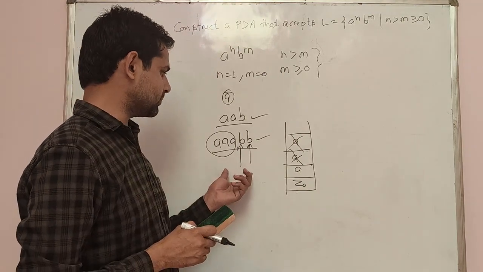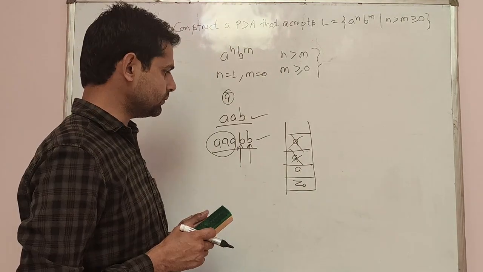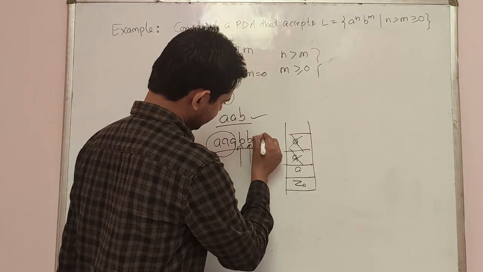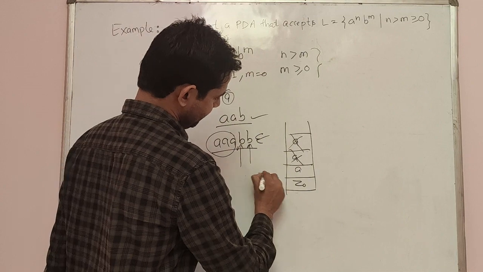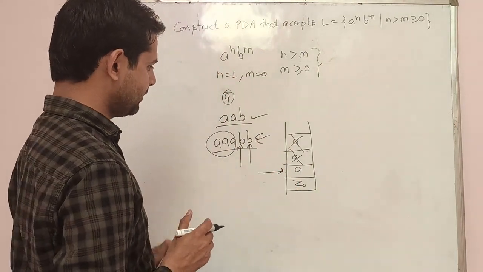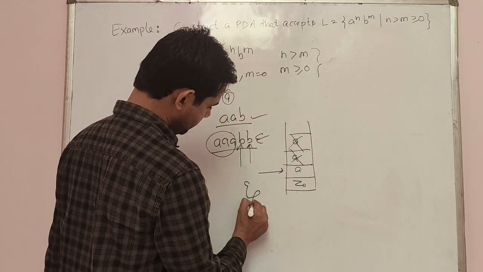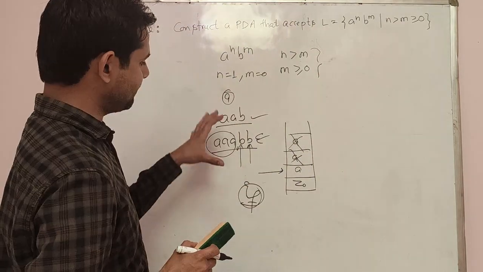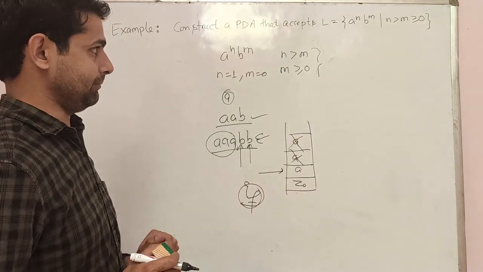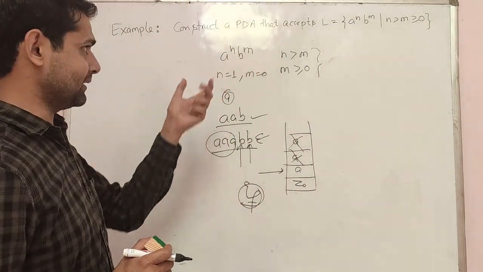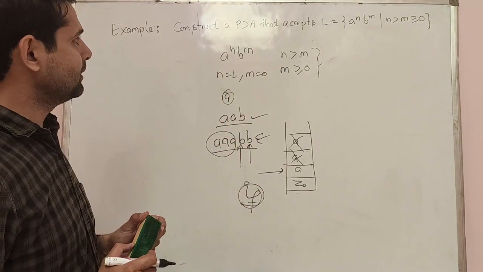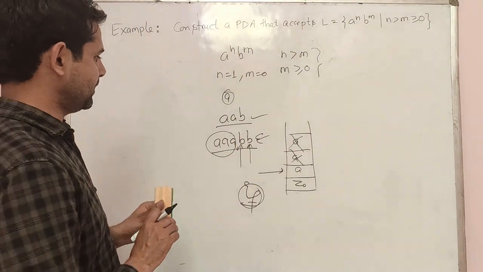Means for all the possible B's, we will remove the A's from the stack. At last, when the input string is null and we have some A's in the stack, then we can move to the final state, and that type of string will be acceptable because we have n greater than m, means the number of A's is higher than the number of B's. So while considering that logic, we will design the PDA transition function, right?